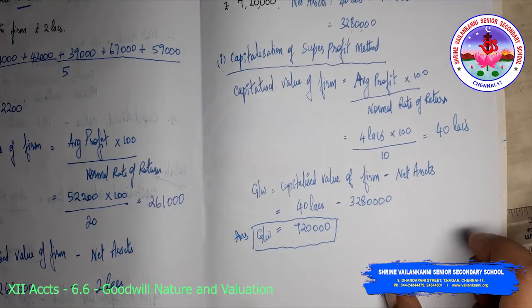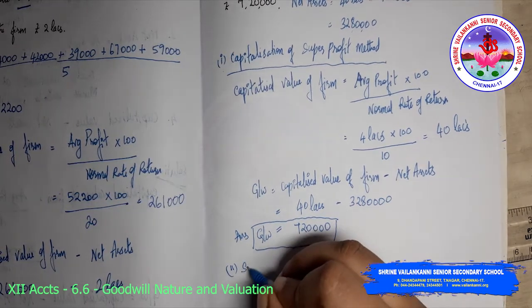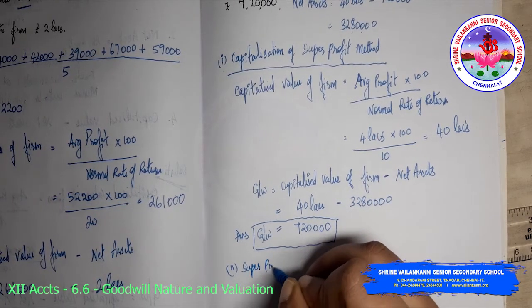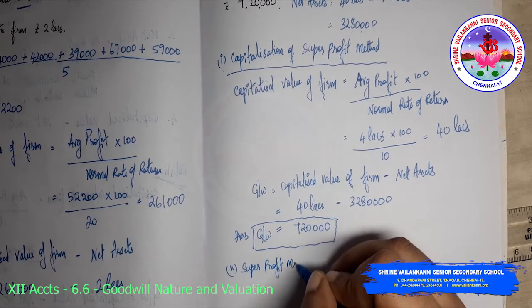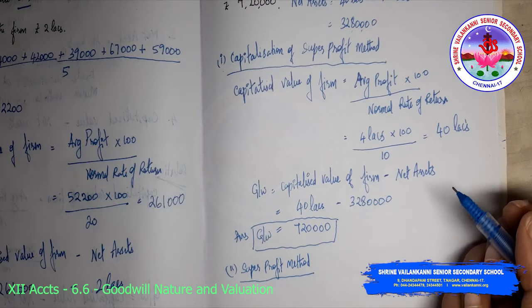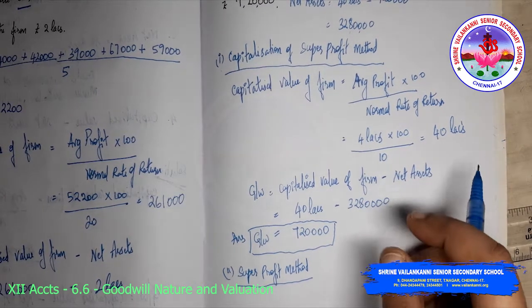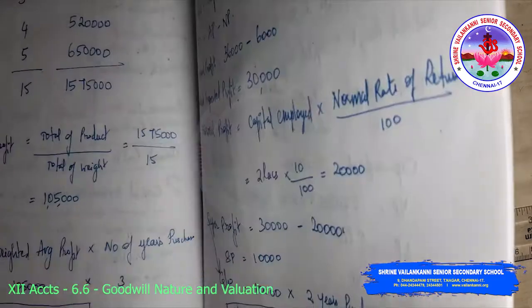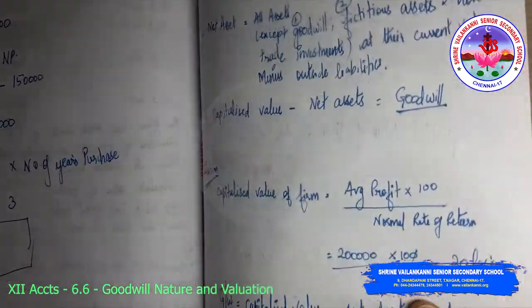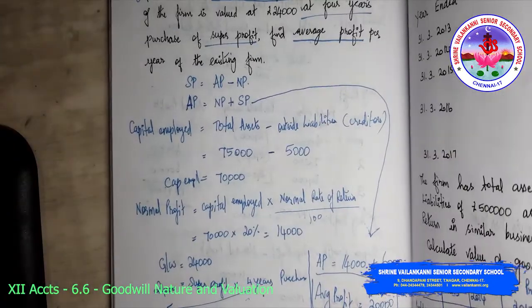Now we have to work out for the second division, that is super profit method. So under super profit method, how can you find goodwill? Just a recap of how to find under super profit method.